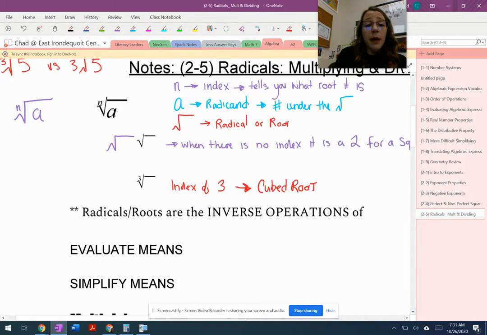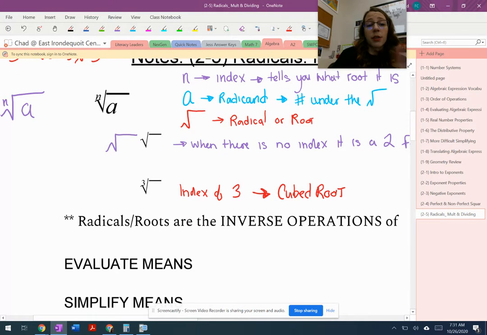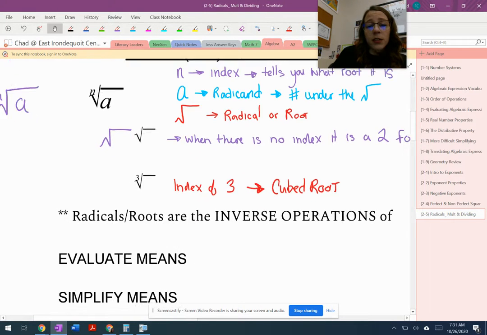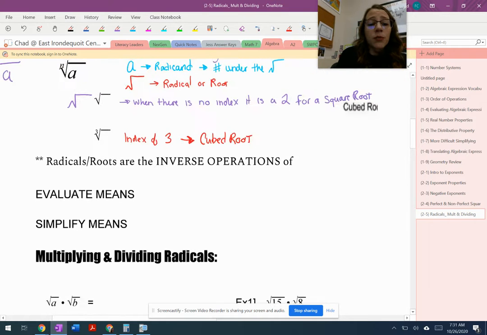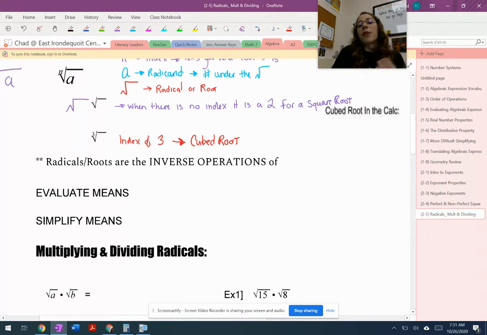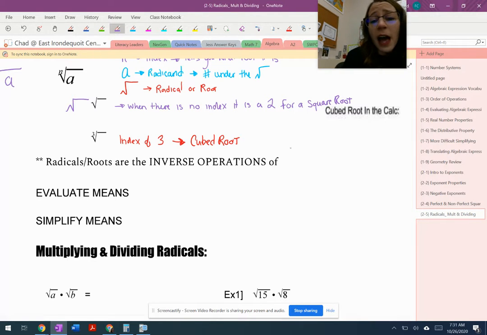So that's a little bit about the vocabulary surrounding a root or a radical. These radicals and roots are the inverse operations of exponents.